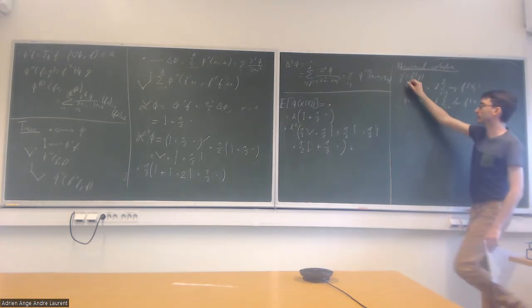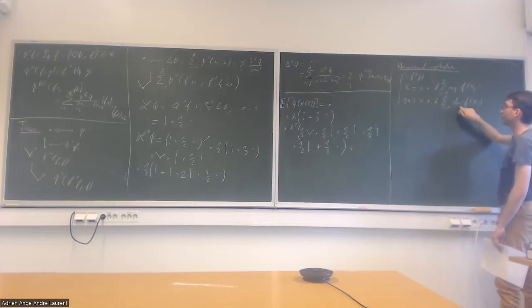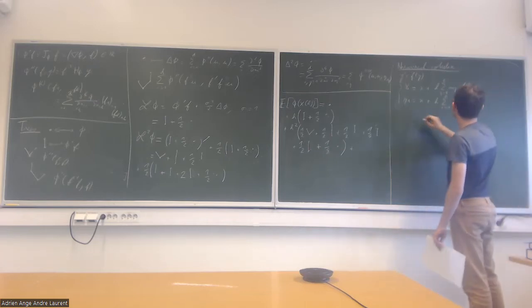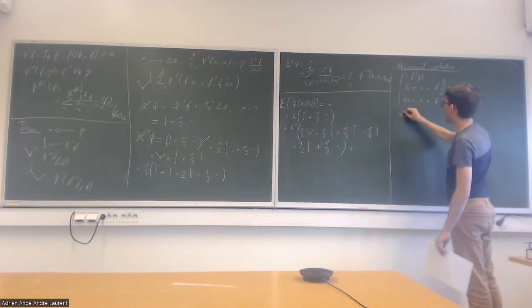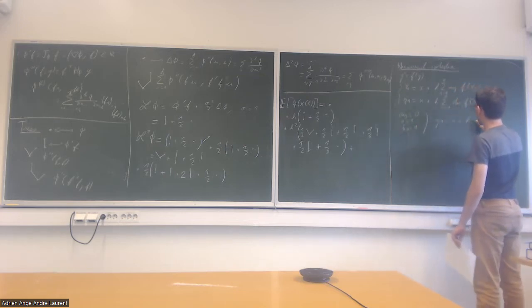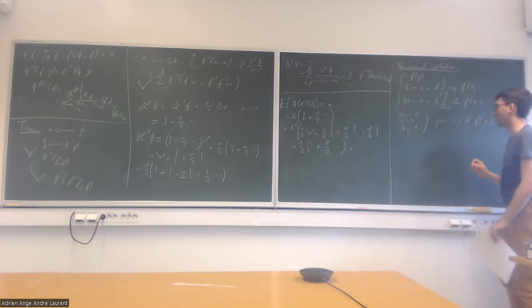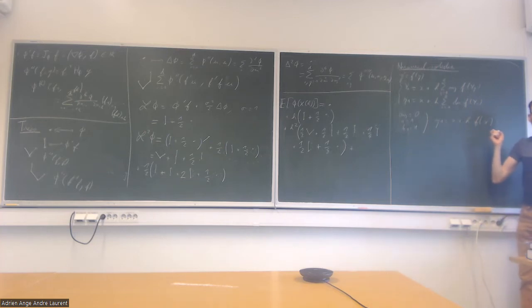So for instance, if you take aij equals 0, s equal to 1, and b1 equal to 1, we find y1 is equal to x plus h f of x. And this is called the Euler method.